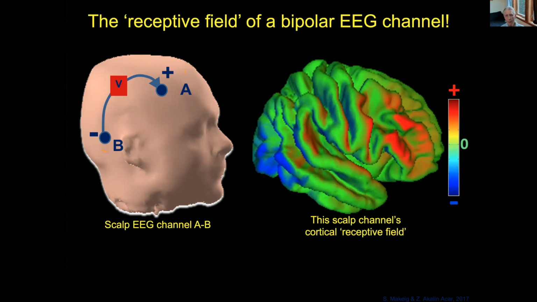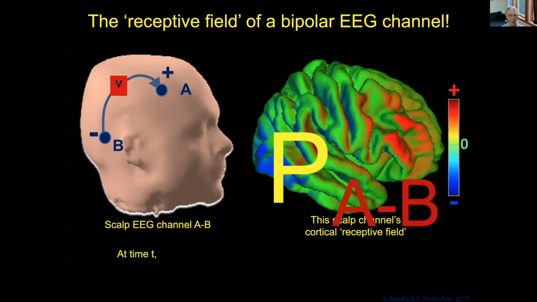Some territories project with the positive sign, that is, whatever the voltage is in the red areas contributes positively to the voltage in channel AB. In the blue areas, any potential there contributes the negative of that to channel AB.